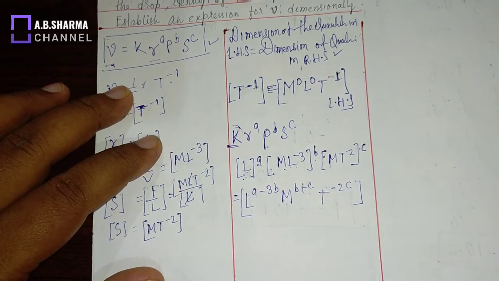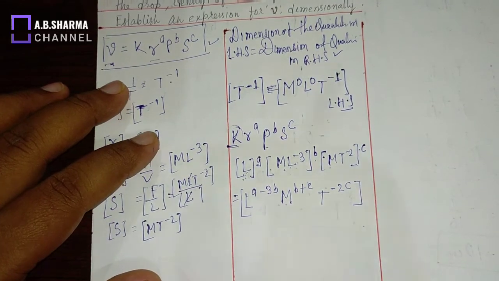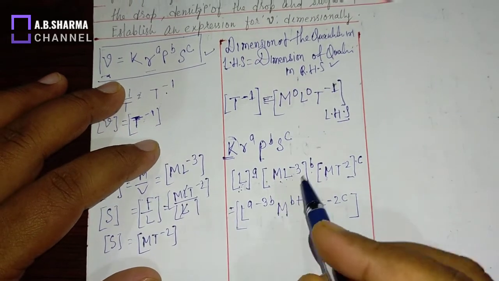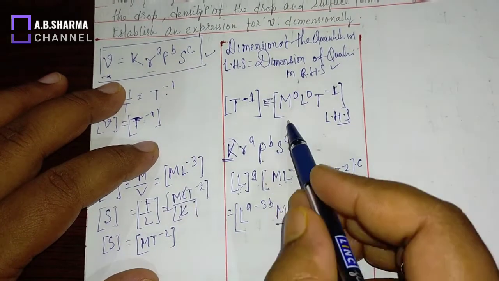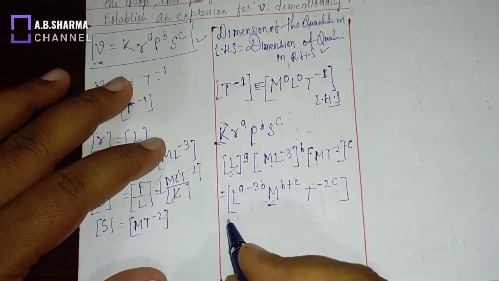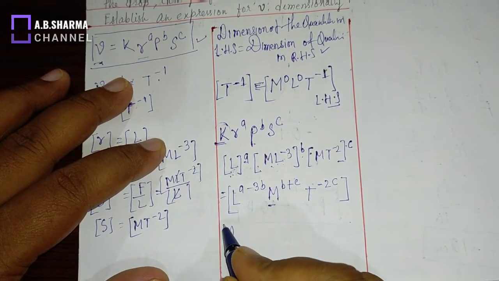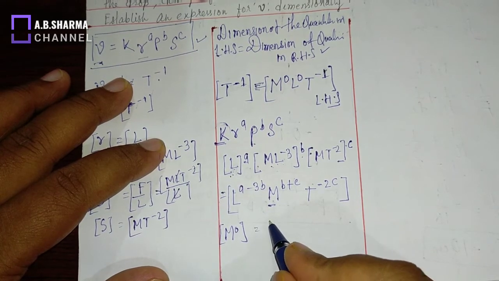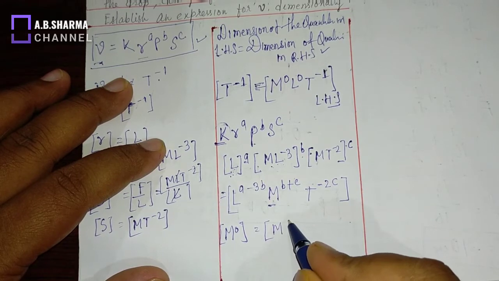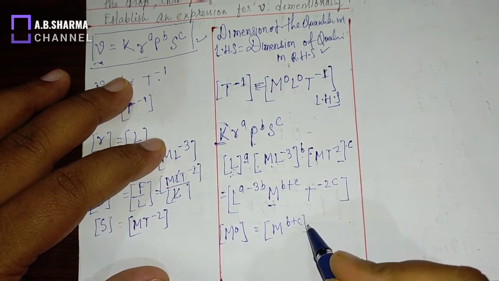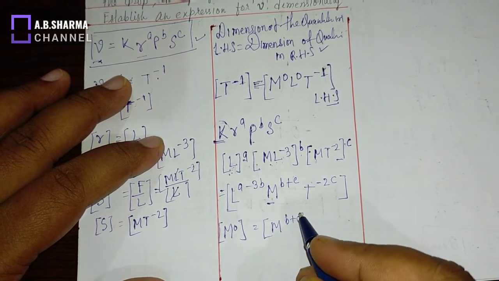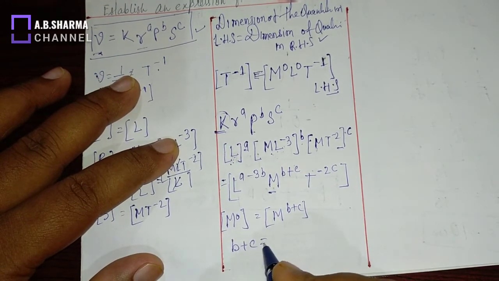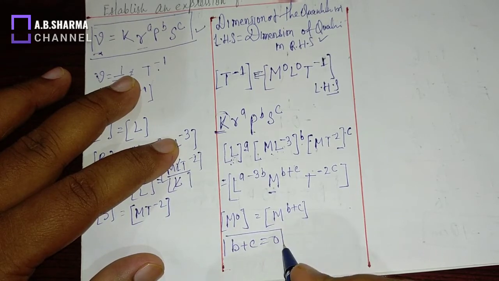Now we will equalize the powers from the left hand side to the right hand side. First, equalize M0 L0 T0. On the left hand side the power of M is 0, and on the right hand side M to the power b plus c. So b plus c equals 0. We have got relation 1.